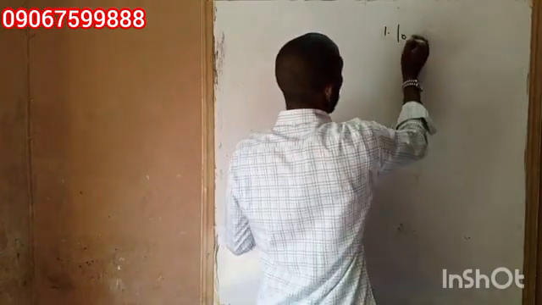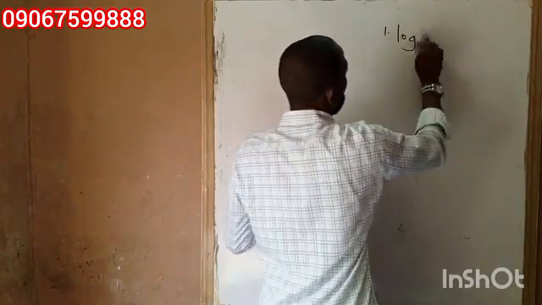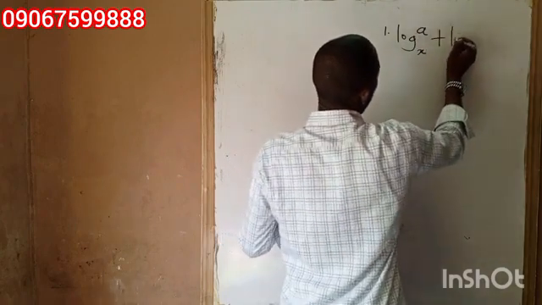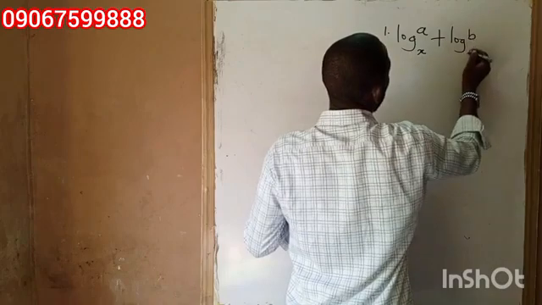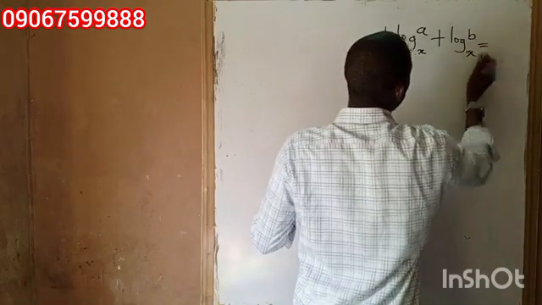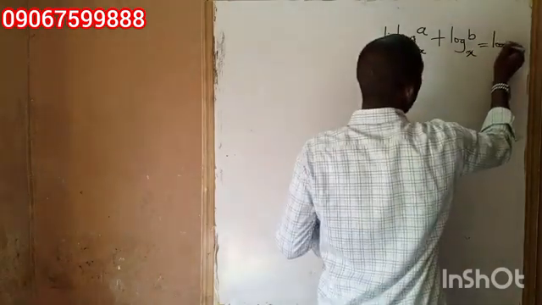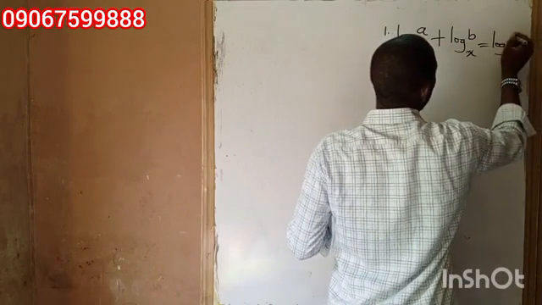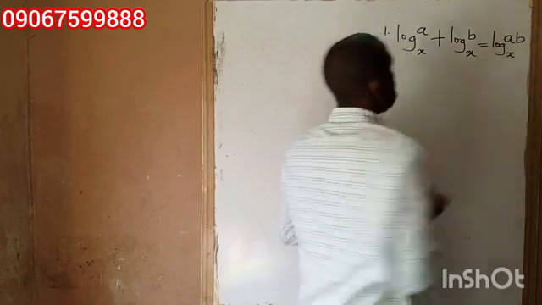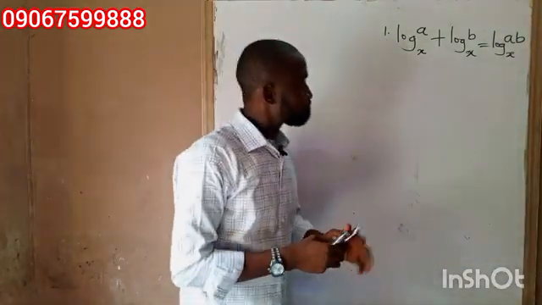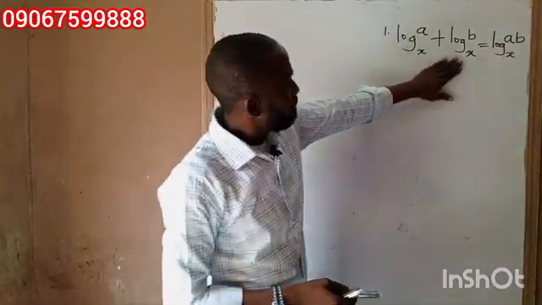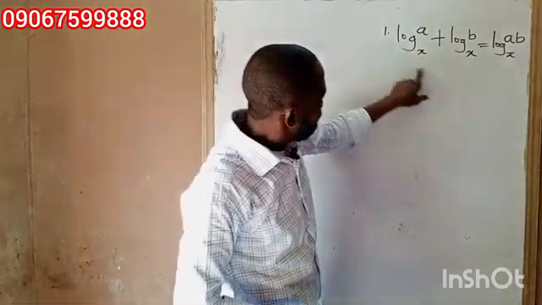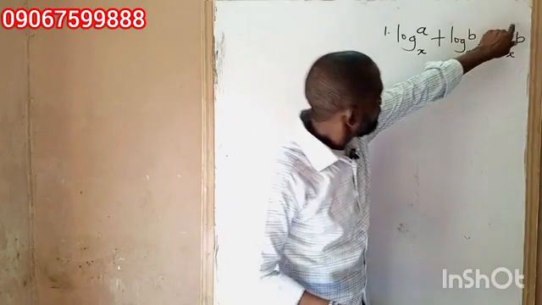Now, the first one says, if I have log of a base x plus log of b base x, our answer must be equal to log of a times b base x. So this one is break down. This is build up. This one can go to this, and this one too can come back.